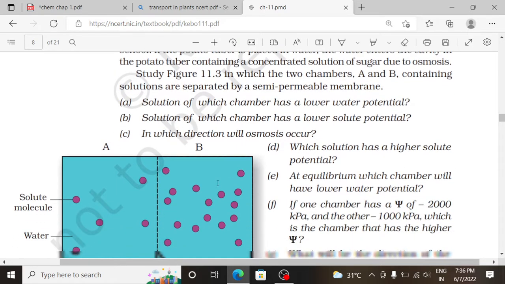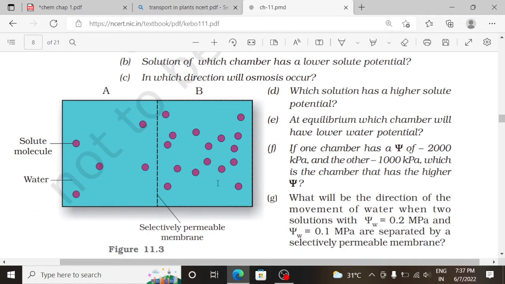So first question is, solution of which chamber has a lower water potential? Second, solution of which chamber has a lower solute potential? And third, in which direction will osmosis occur? And fourth, which solution has a higher solute potential? Fifth, at equilibrium which chamber will have lower water potential?